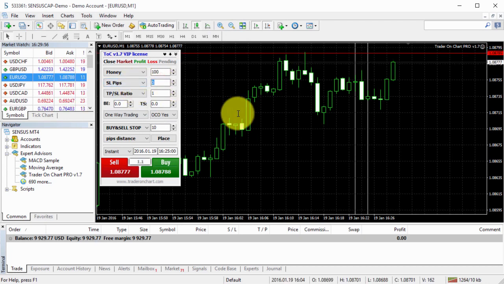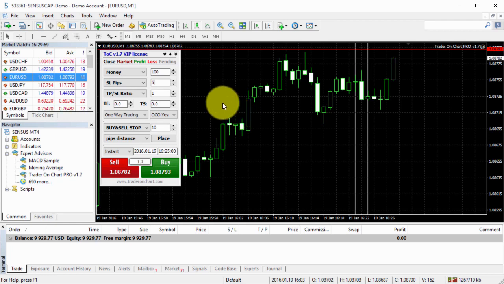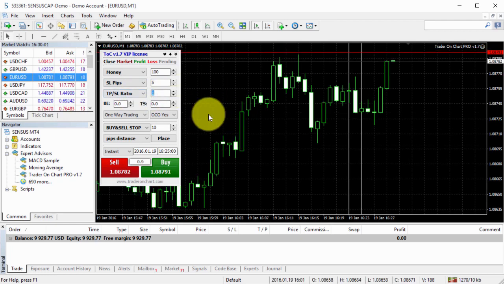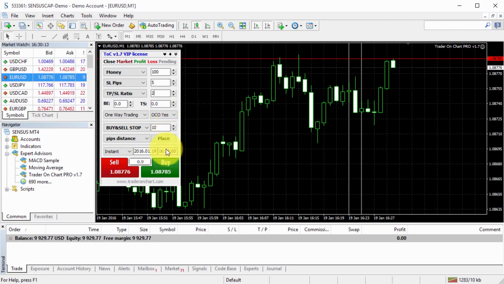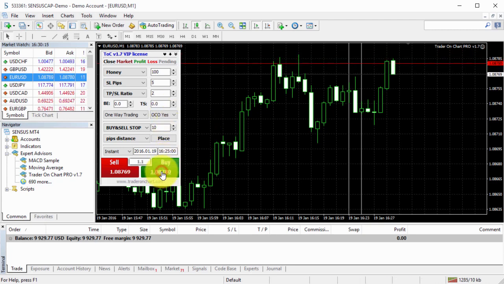So let's say I will set my stop loss at 5 pips and my take profit at 5 pips as well. Or it's a take profit and stop loss ratio actually. So I will make it 2, so it should be 10 pips. And then I will open a buy trade.